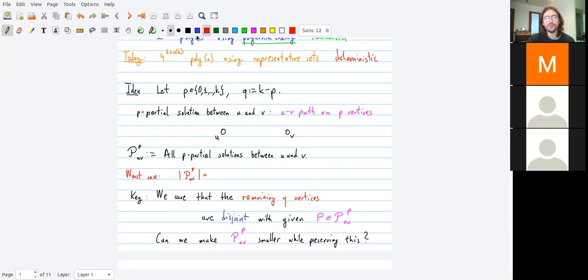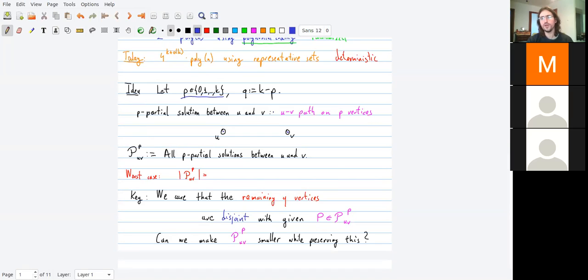So in particular, if I fix some p, an integer between 0 and k, then I can think about partial solutions of length p, which are just prefixes of our path of length p. So for instance, if I'm looking at a partial solution between u and v, these are two vertices, I'm thinking about a partial path that starts at u and ends at v.